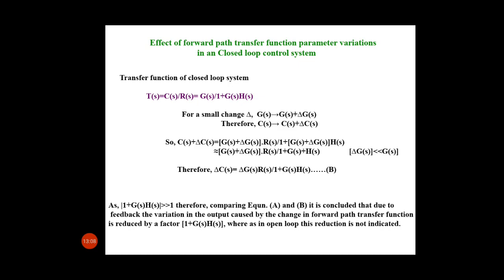This equation gives the corresponding change in the output with reference to change delta G(s) in the forward path transfer function G(s) of a closed loop control system.